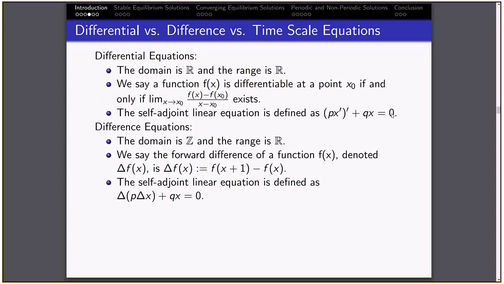Here's a quick summary slide of differential equations and difference equations as far as what we might already be used to. I'm not going to go over this slide, but I encourage you to pause the video to go through some of this vital information.